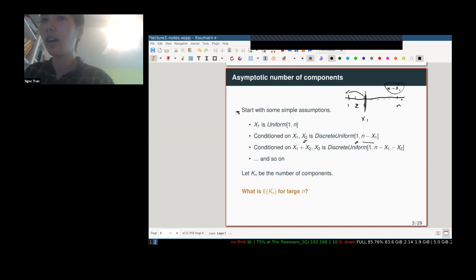And then conditional on x1 plus x2, x3 will be discrete uniform on 1 up to the length of the rest. So let Kn be the number of components. What would be your guess for the expected value of Kn when n is large?